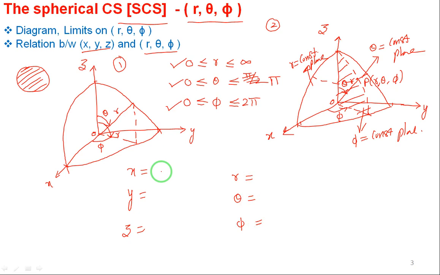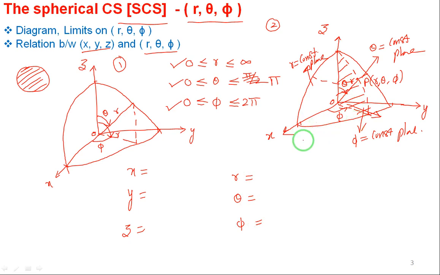Okay, what is x? If I know the value of r, theta, phi, how to calculate x? Just look at the second diagram. See here, I will take the projection of this r onto xy plane. So it will become r sin theta, this distance from origin, right? So r sin theta. Then I want x, so take projection along x axis.